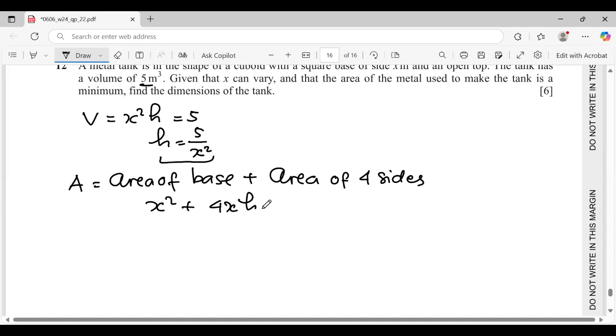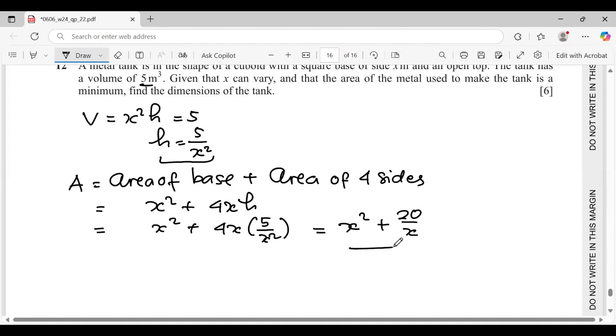So it becomes x squared plus 4x times 5 over x squared, which is x squared plus 20 over x. So this is the surface area.